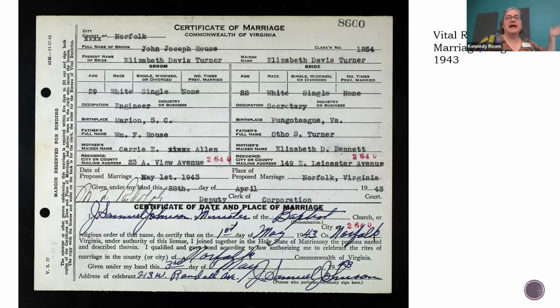And then you get their age, race, whether they are single, widowed, or divorced, and how many times they've been married. So this can be a key place to look. Is this a first marriage, a second marriage, fourth marriage, etc.? It doesn't always mean they answered the question honestly, but it's a clue.